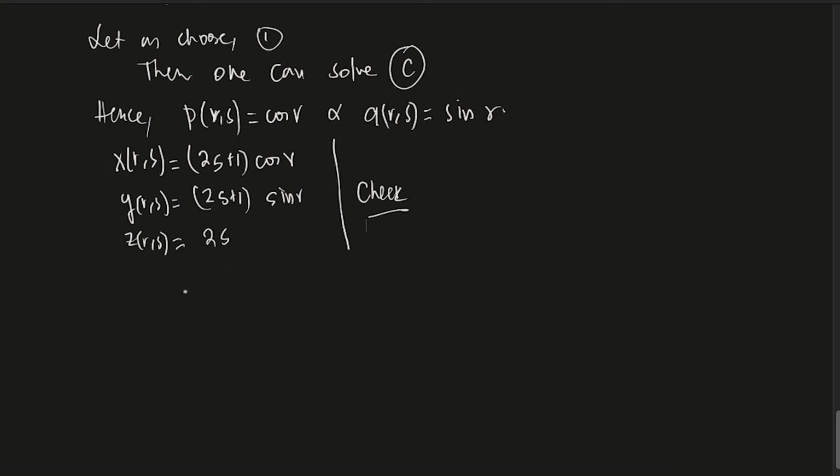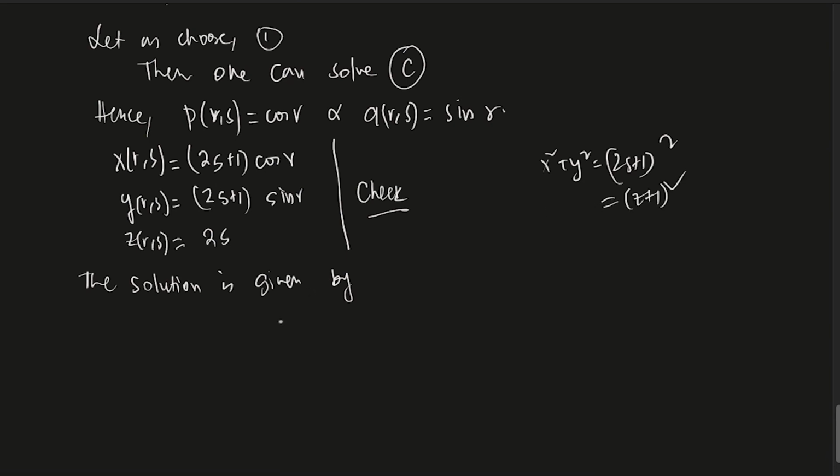Once you check this, you can see that the solution is given by replacing S from here. X square plus y square is equal to 2S plus 1 squared, and 2S is given by z, so this is basically z plus 1 squared.